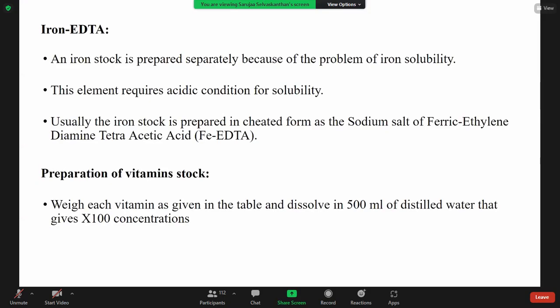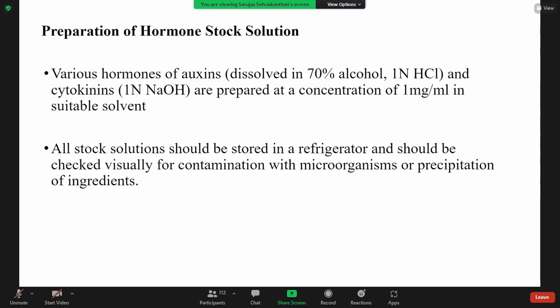And in addition to the stock solutions, we have to prepare the plant growth regulator stock solution, right? Plant growth regulators mean, as we already talked about, the BAP we need, right? Kinetin, cytokinin, BAP and kinetin we normally use. Auxins also, IBA, indole acetic acid.